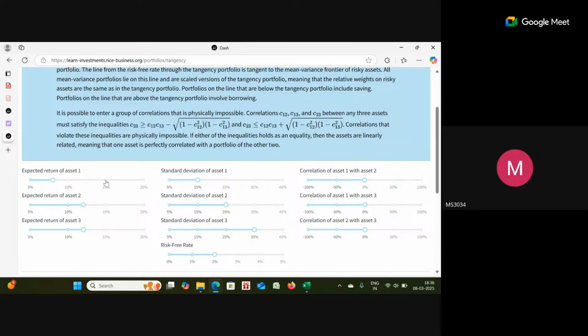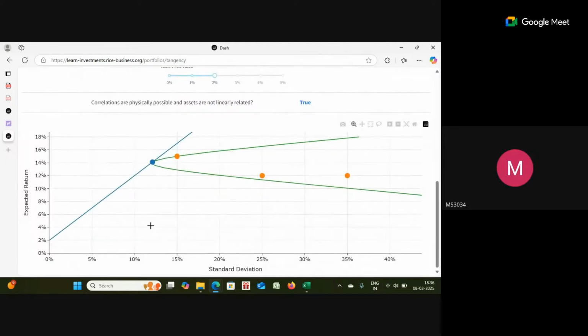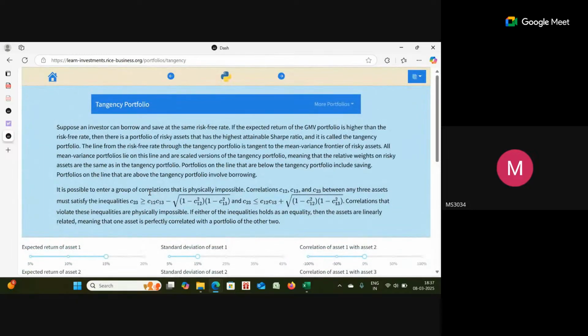If you change the return of asset one to 15%, then this minimum variance rate changes, and you can see this is steeper. That means the Sharpe ratio is higher, and you are having more reward against your volatility. Okay, so in this way you can find your tangency portfolio.